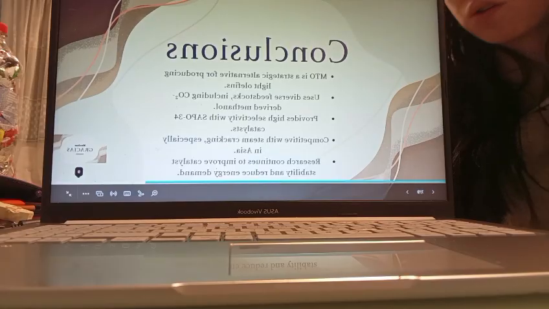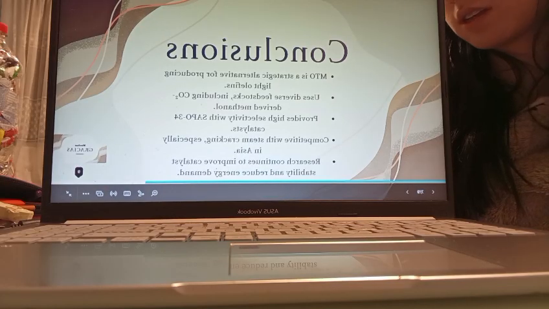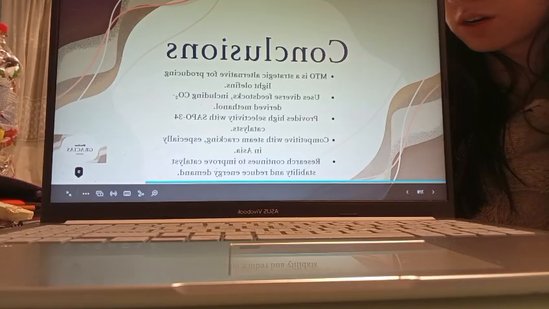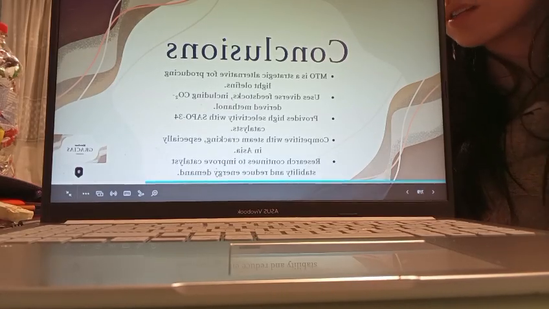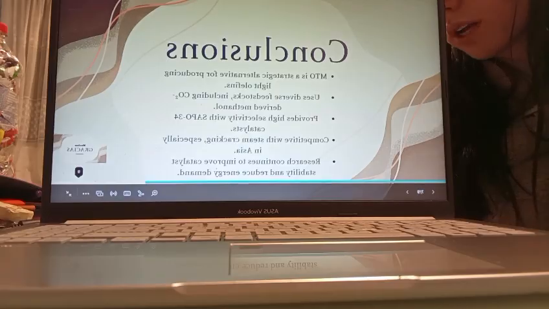Okay, conclusions. In conclusion, the methanol to olefins process is a strategic technology for producing light olefins. It diversifies feedstocks by using methanol from coal, natural gas, or CO2. It achieves high selectivity with SAPO34 catalysts, and it is already industrially competitive with steam cracking.